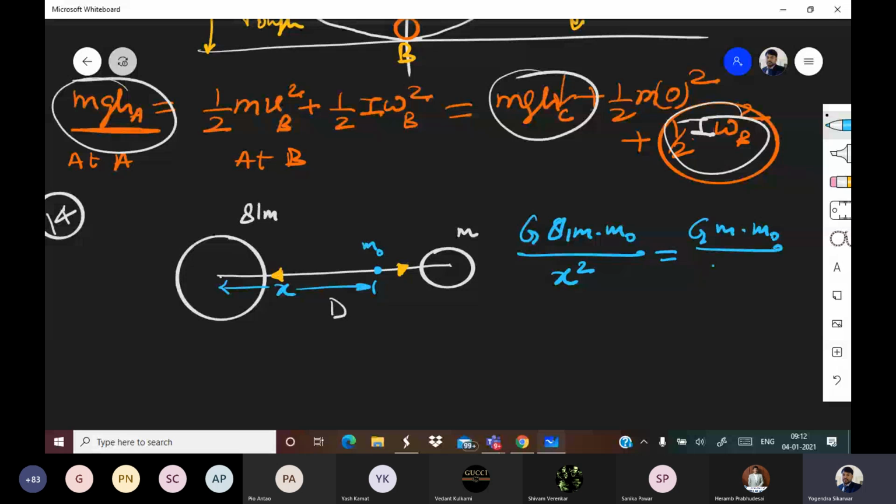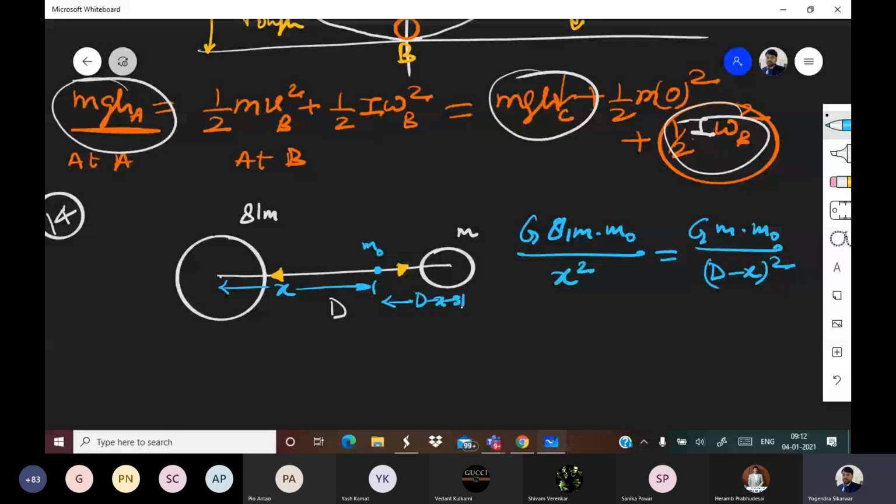So let us cancel G, and m naught also. Now we can take square root. Square root of 81 will be 9, so 9 upon x is equal to 1 upon d minus x.